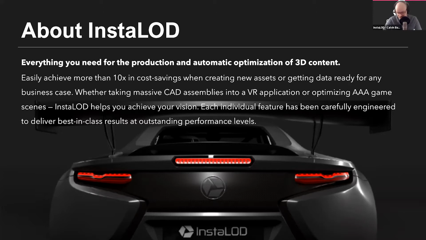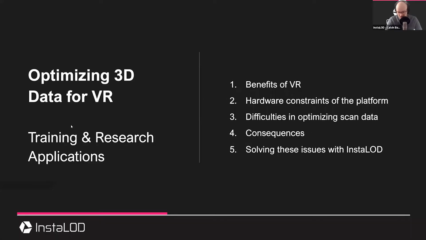So with that said, let's have a look at what we will be discussing today. Here is my list of contents for today's presentation. First of all, we're going to talk about the benefits of VR. Why is it useful? Then we're going to talk about the hardware constraints and the issues that we have with that, and the difficulties of actually optimizing scan data in this example that I'll be showing you today.